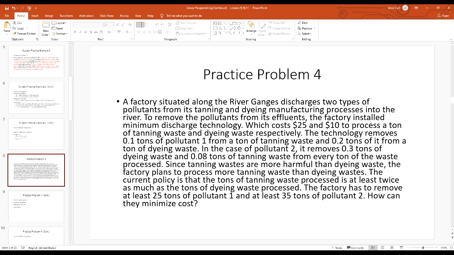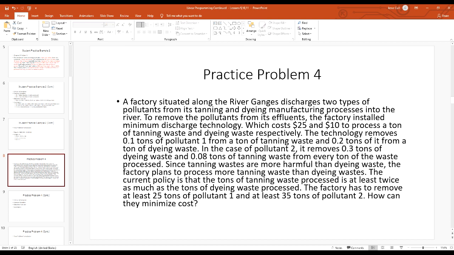So 0.01 tons of pollutant 1, 0.02 tons of pollutant 1 from tanning and dyeing. In the case of pollutant 2, it removes 0.3 tons of dyeing waste and 0.08 tons of tanning waste from every ton of the waste processed. Since tanning wastes are more harmful than dyeing wastes, the factory plans to process more tanning waste than dyeing waste.